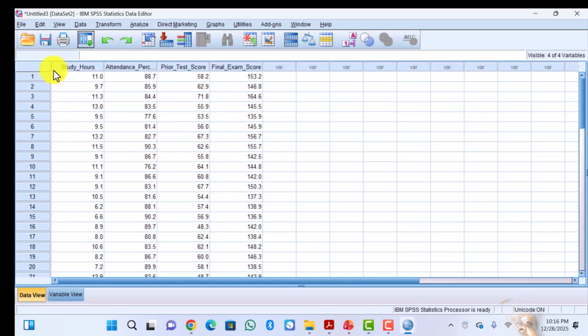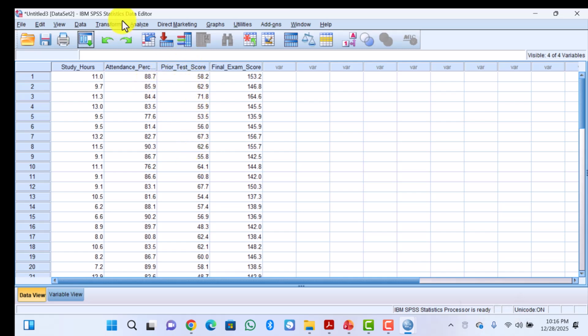So look at this one. We have three independent variables, and we have the final exam score, which is the dependent. The criterion is final exam score, and the predictors that we are assuming are study hours, attendance, and prior test scores.